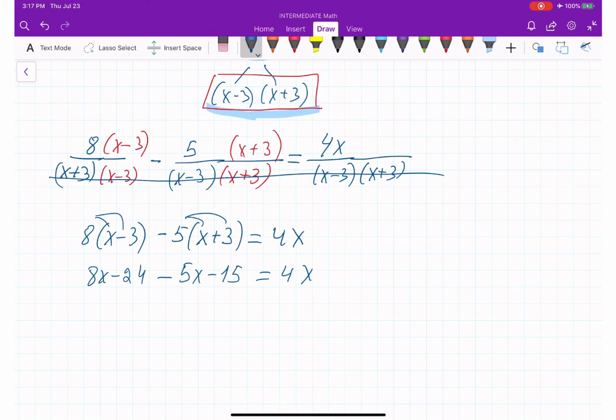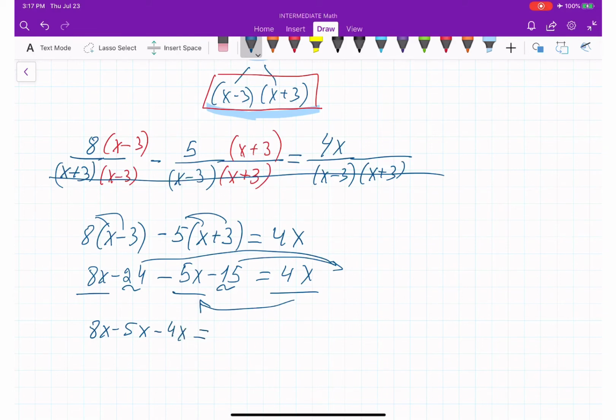So let's combine like terms. 8x, 5x, 4x. So 4x I'm going to move over. And negative 24 and negative 15, I'll combine and move over here. Okay, let's do it. So 8x minus 5x minus 4x will be equal to, negative 24, I'm moving, positive 24.